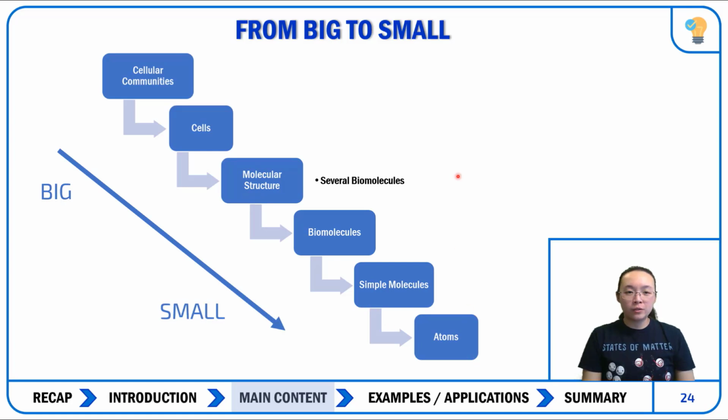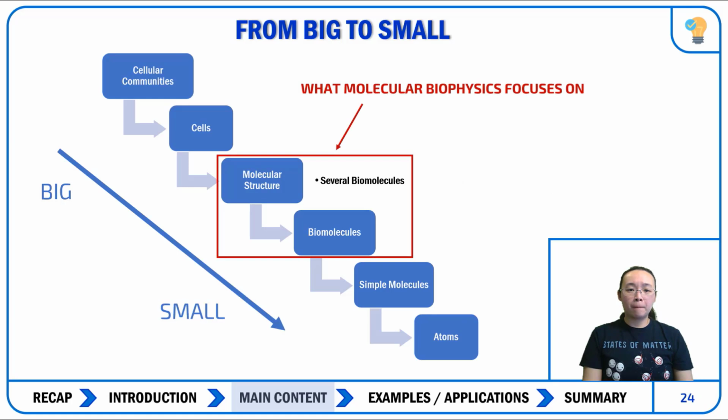I've circled biomolecules and molecular structures here because that is our focus for the entire course. We want to look at the building blocks of these four main macromolecules and see how they self-assemble into their molecular structures.